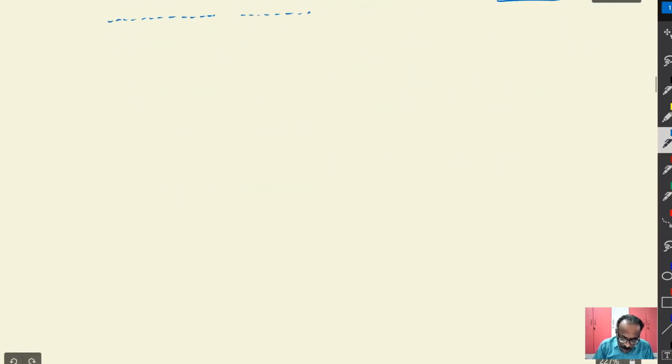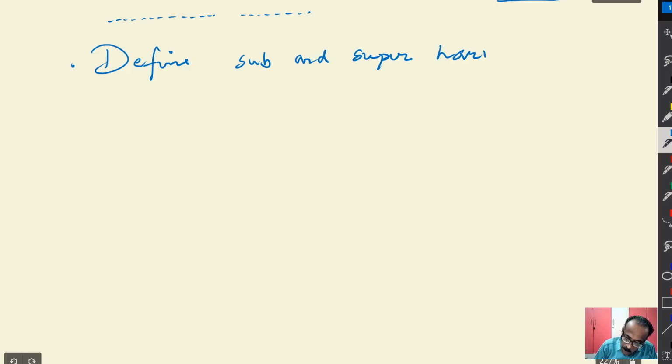So the first step in this direction is to define sub and super-harmonic functions for continuous functions. You already know that via the mean value theorem we can do it. What we are going to do is define them via the maximum principle now.